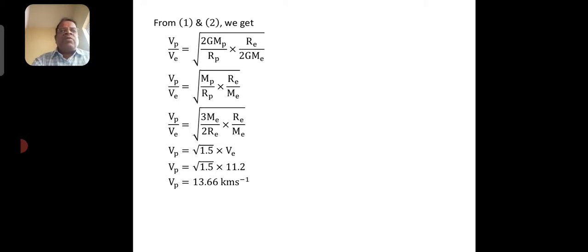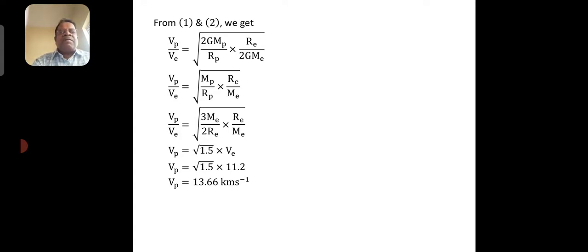From equation 1 and 2, Vp by V equals under the square root 2GMp by Rp into Re by 2GMe. After simplification, Vp by V equals under the root Mp by Rp into Re by Me. In the next step, in place of mass of the planet you substitute 3 times the mass of the Earth, that is 3Me.